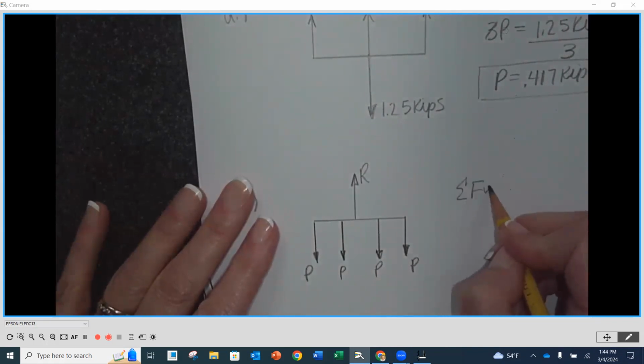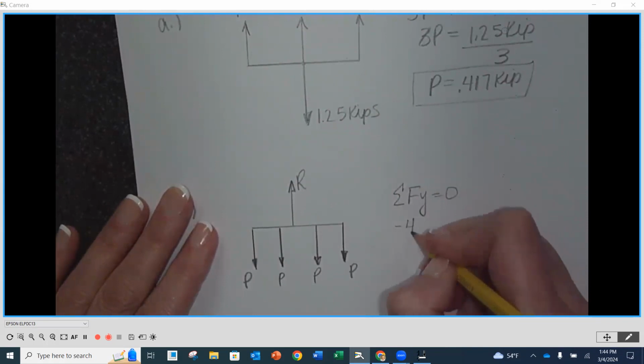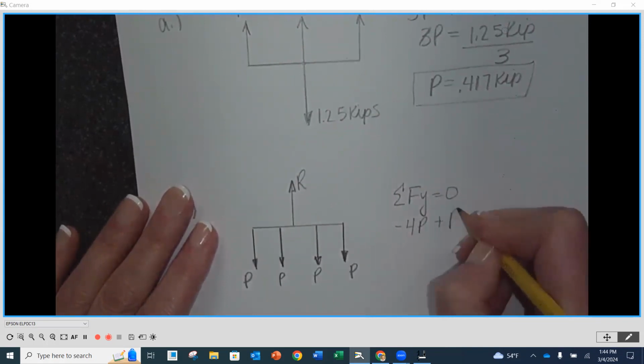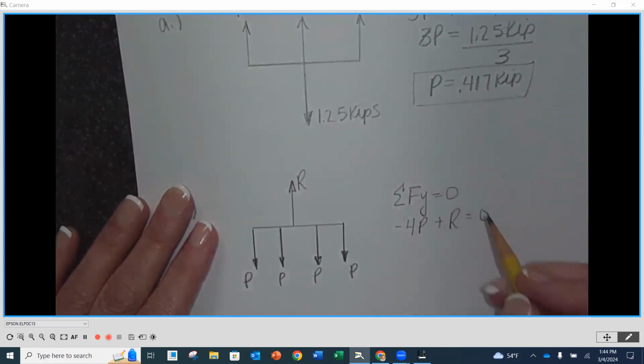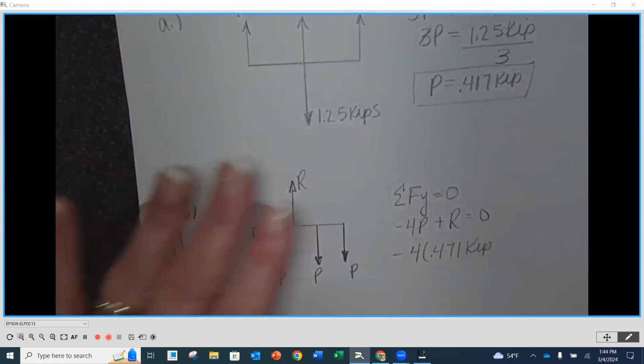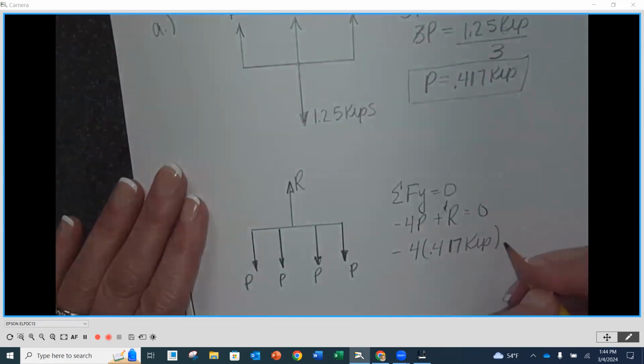So sum of the forces in the Y equals 0. We know that there is a minus 4P plus R equal to 0. Knowing that P is equal to 0.417 kips, we're going to have minus 4 times 0.417 kips plus R is equal to 0.